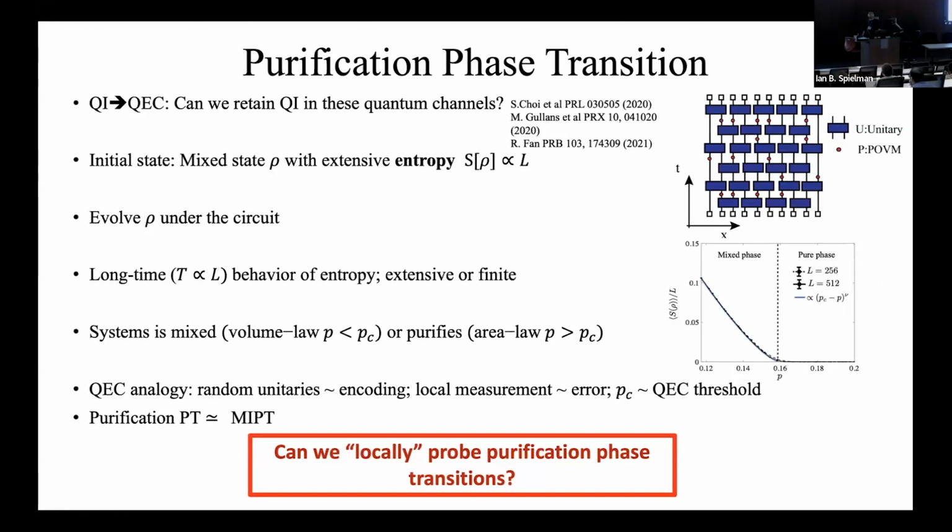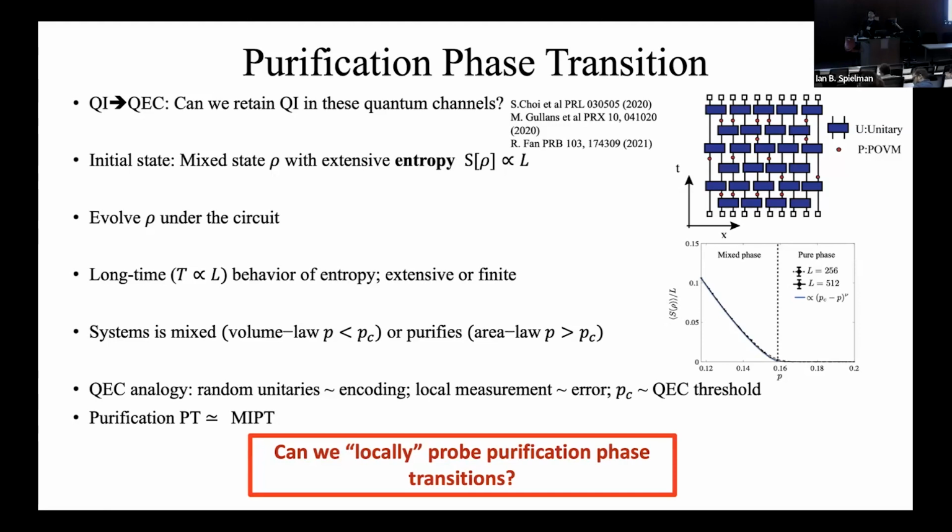The long-time behavior of the entropy, depending on the measurement rate, could be extensive or finite as a function of the system size. In particular, if the measurement rate is small, we end up in a phase that is still mixed. It still has some non-zero entropy.